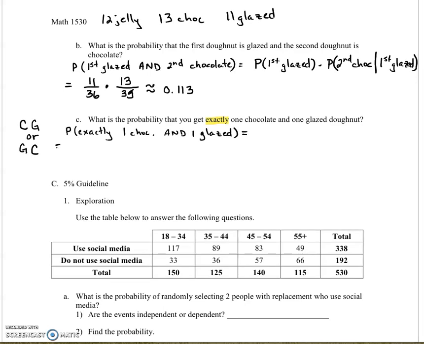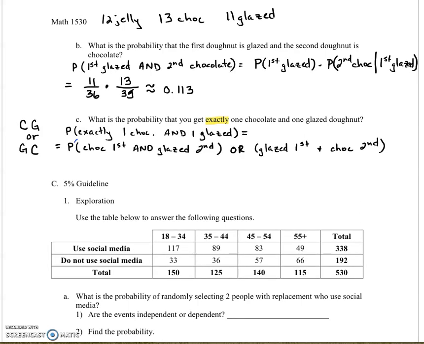equals, and I'm going to go down to the next line, the probability of getting chocolate first and glazed second, or glazed first and chocolate second.